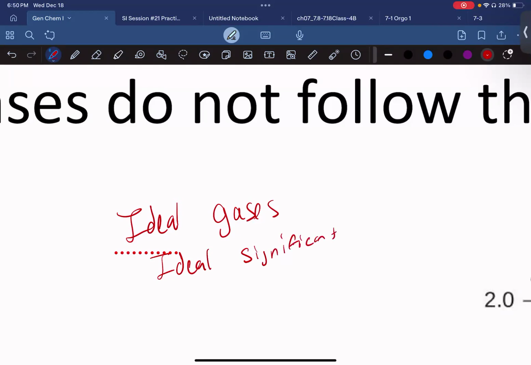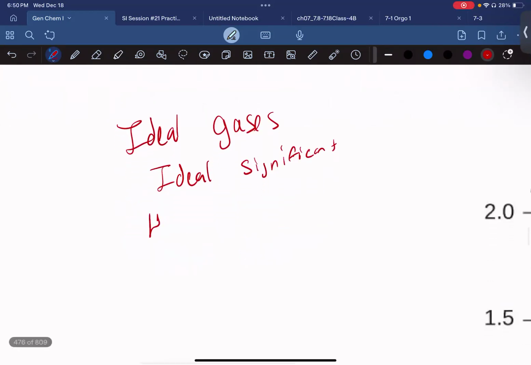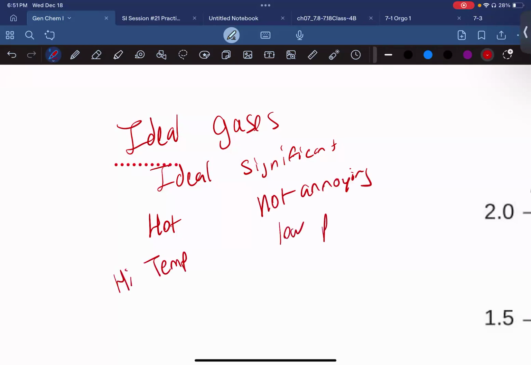I learned this in high school, right? You're gonna have a hot person, and they're not gonna be annoying, right? This is supposed to correlate with high temperature and low pressure. You can also just memorize it. I like to look at it like this because it's kind of fun.